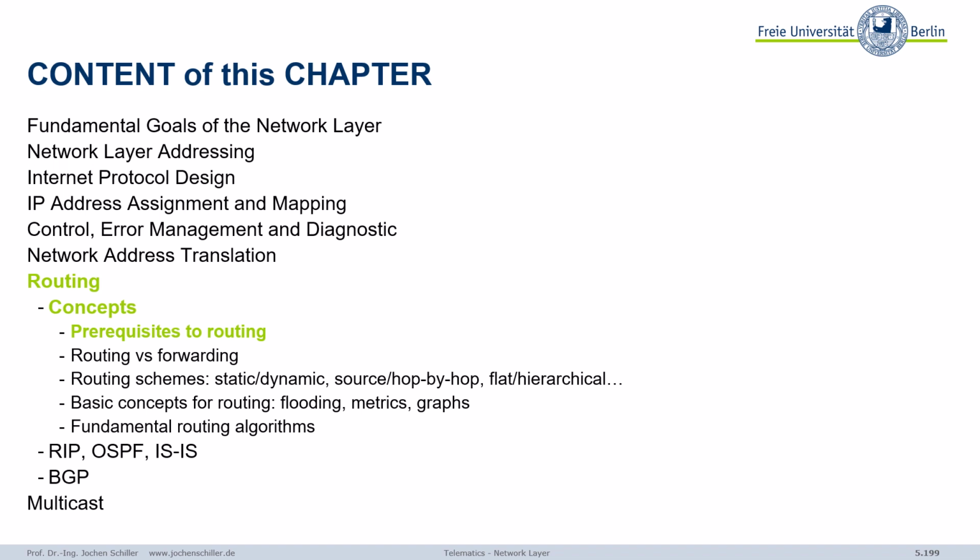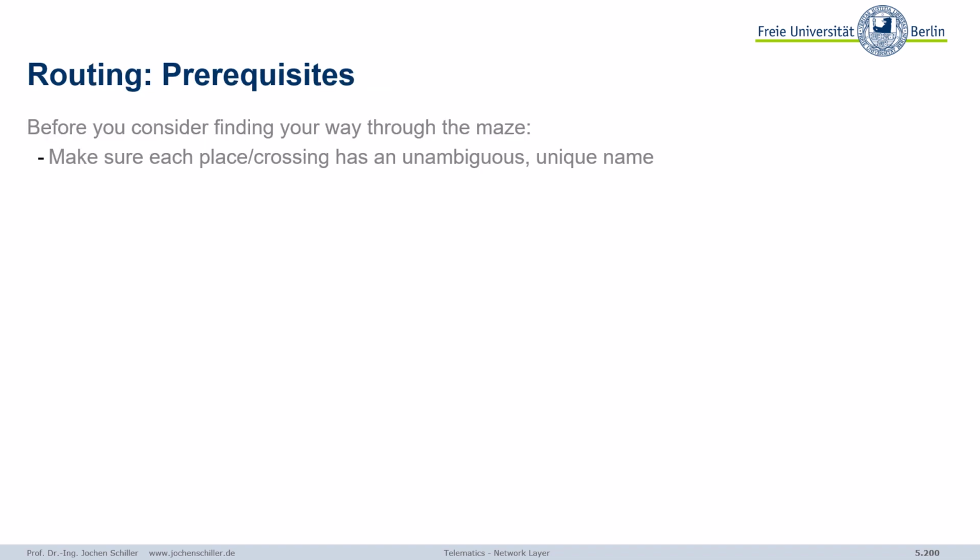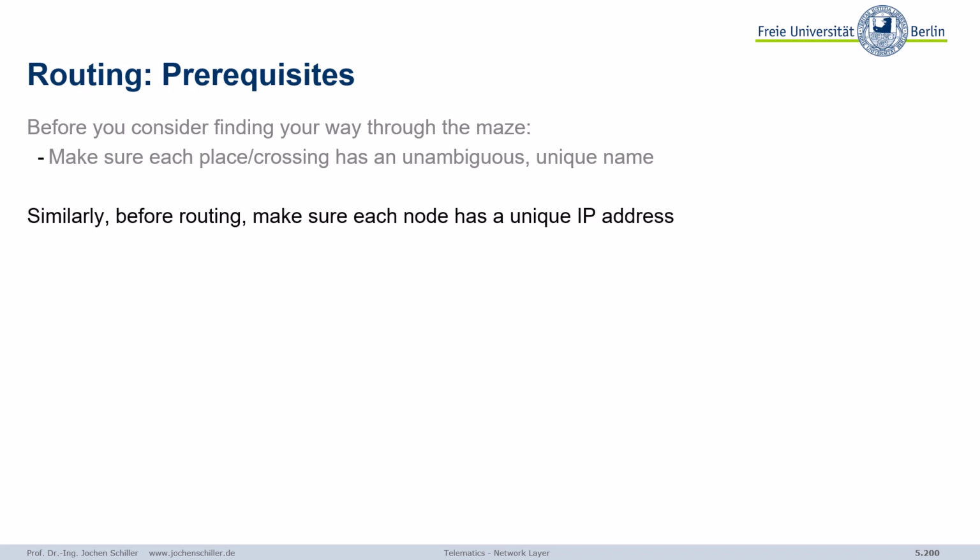Basic concepts, prerequisites. Well, first of all, the places need unique names. If you go through a maze here, you have to know where to go. So here, you have to be sure all the nodes have their IP address, at least one, we can have more than one.